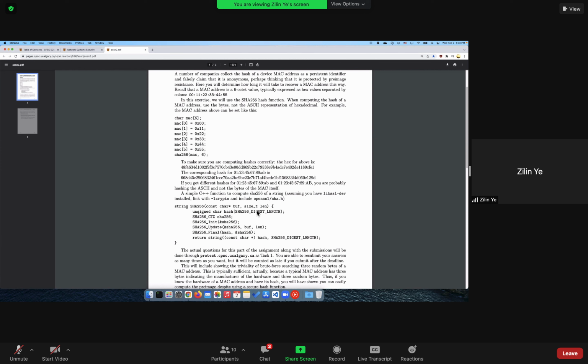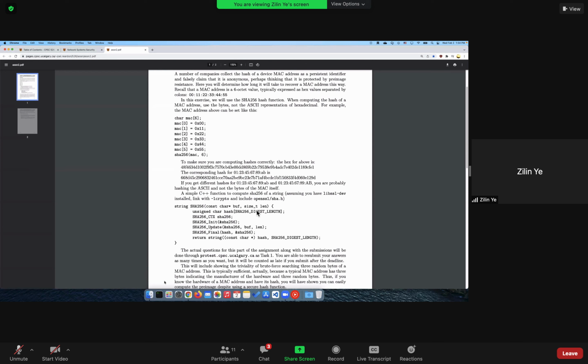And the problem is, if you use this code, you will probably get a digest that is not readable or recognizable. The problem happens on the last line of this function, where we are constructing a string object, passing in the computed hash and the length of the hash, and trying to convert it into a printable, readable string.